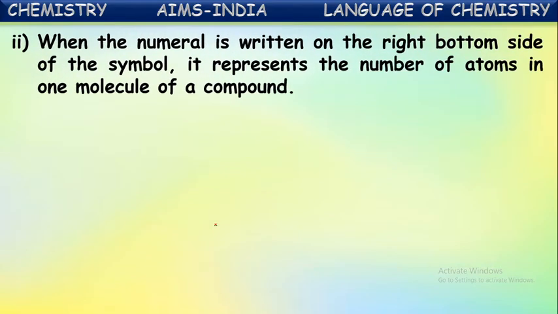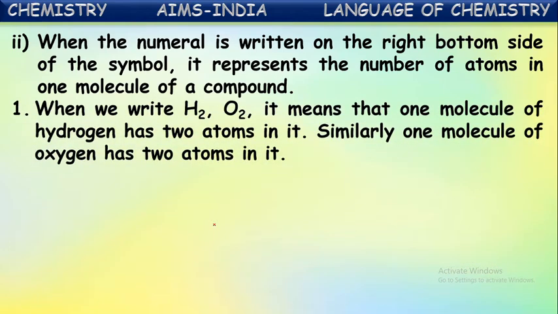When the numeral is written on the right bottom side of the symbol, it represents the number of atoms in one molecule of a compound. If the number is written at the front side, that represents the total number of molecules taken, and hence we can calculate the number of atoms also. But if the number is written at the right bottom side of the symbol, it represents the number of atoms of that element present in the molecule of a compound.